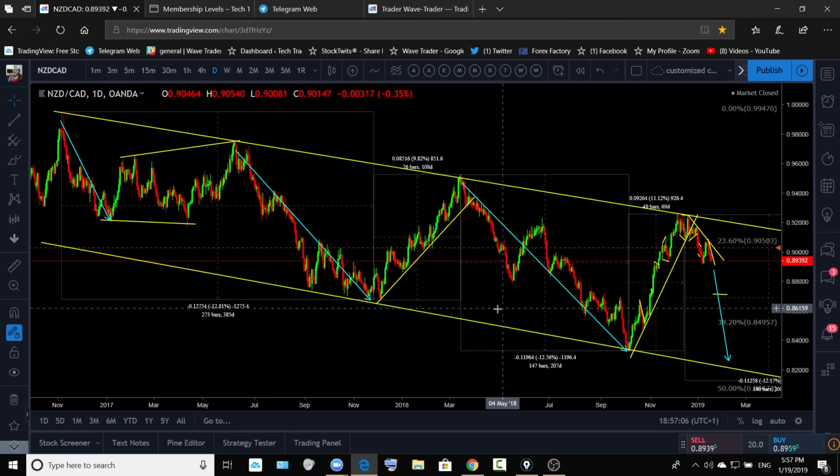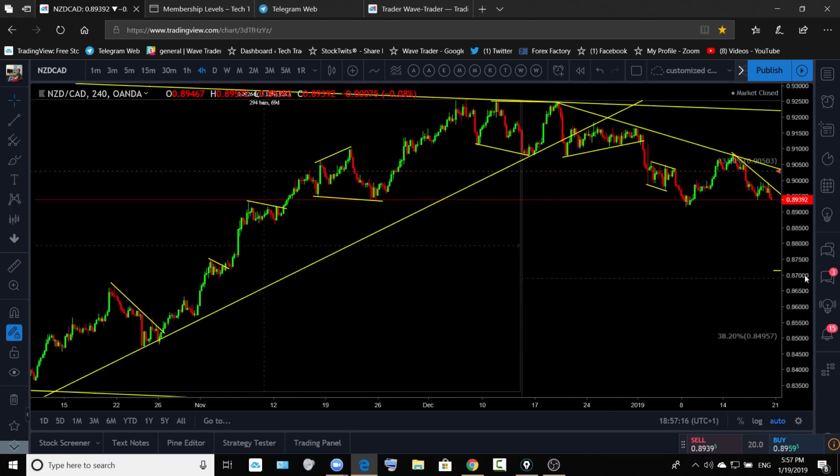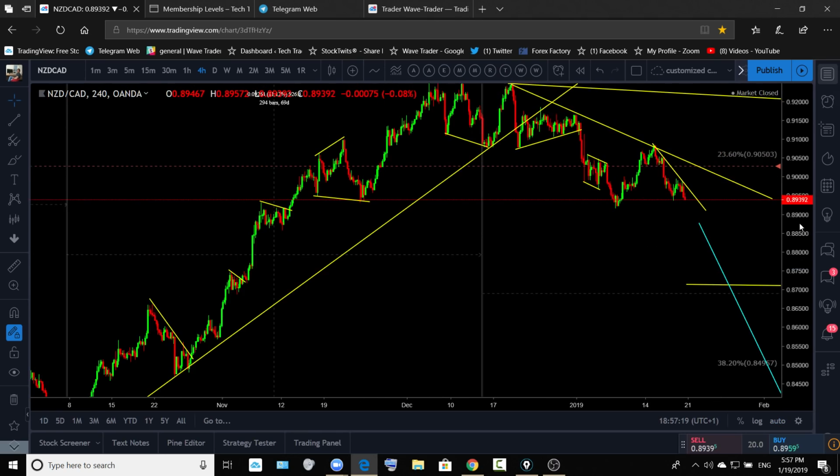Some problems are going to be there within your chart. So we see patterns, we trade on patterns, and we know how these patterns behave.